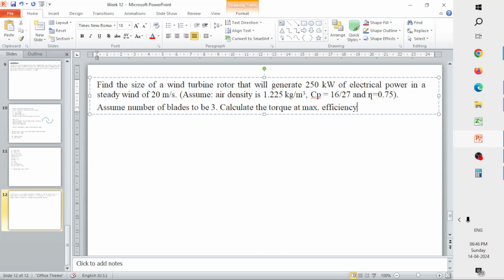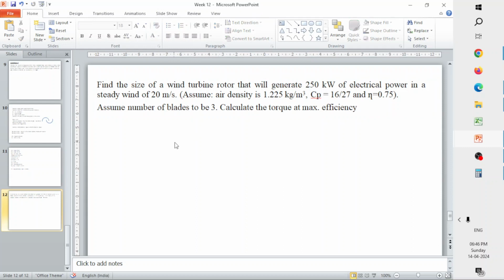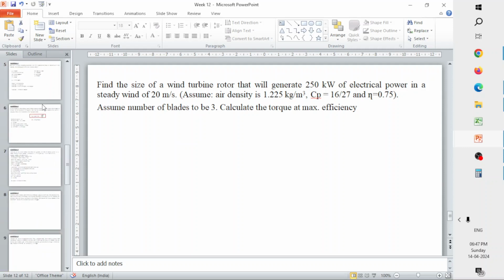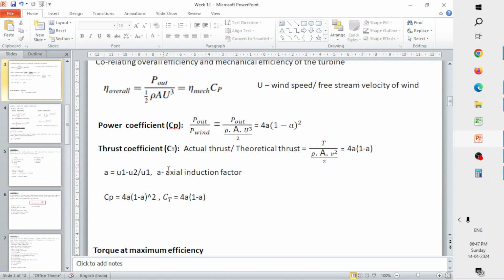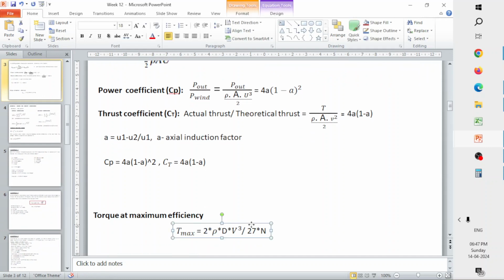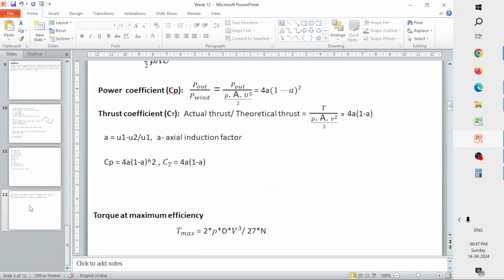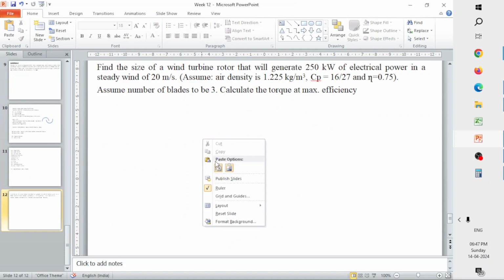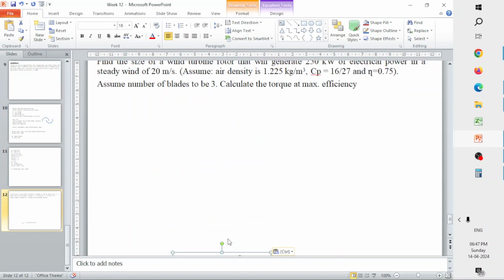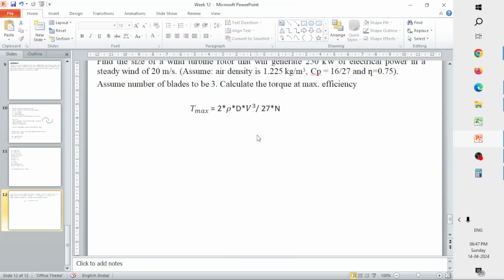This is just for practice. So now what will be your answer? You have this expression, and you are supposed to calculate the value of the torque at maximum efficiency.